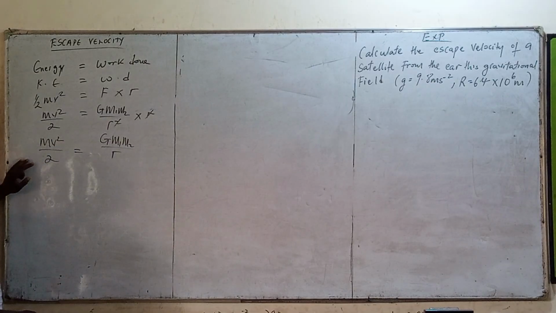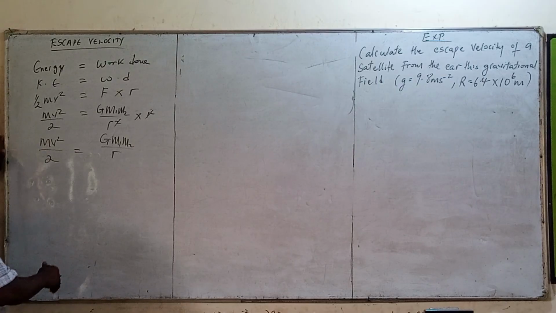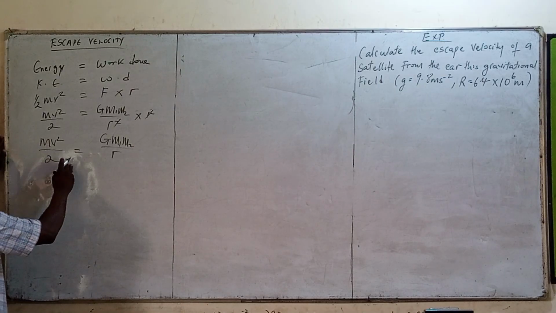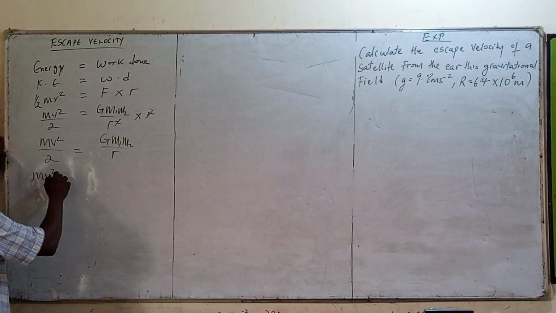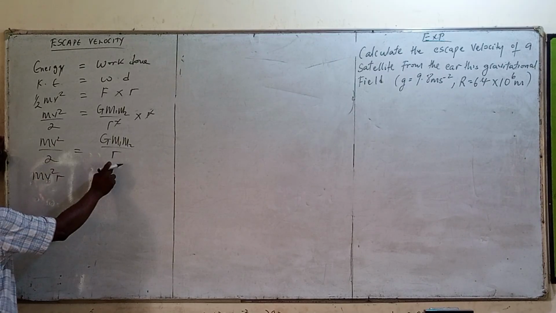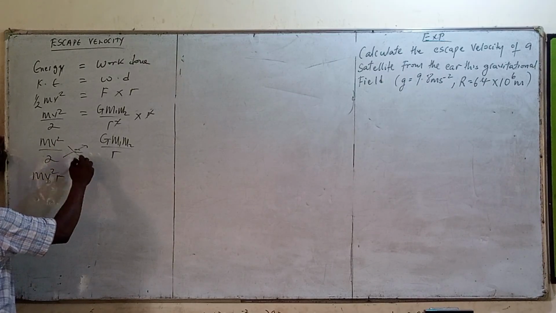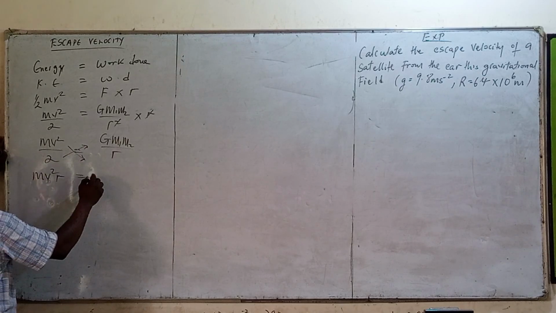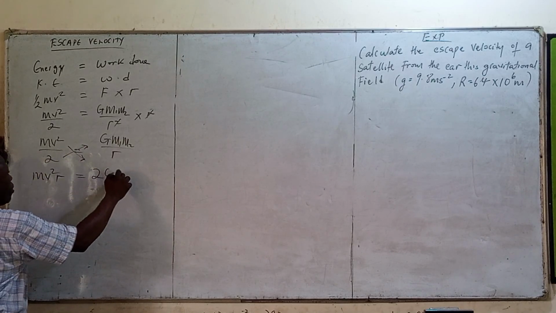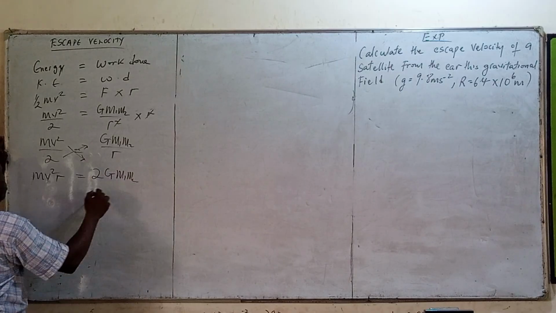Recall, we are deriving an expression for escape velocity, so we are going to make v squared the subject of the formula. So let's multiply that out. We have mv squared r on cross multiply. On cross multiply, we have mv squared r is equal to 2G m1 m2.